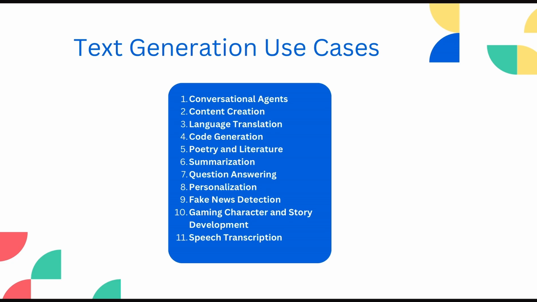So LLMs can help improve the accuracy and speed of language translation by understanding the subtleties of different languages and doing natural translation. That's an amazing use case. So this could help businesses in more than one country or people who need to talk to people who speak other languages.